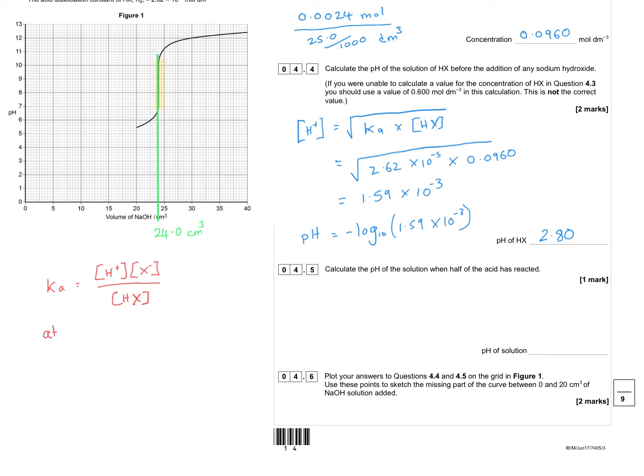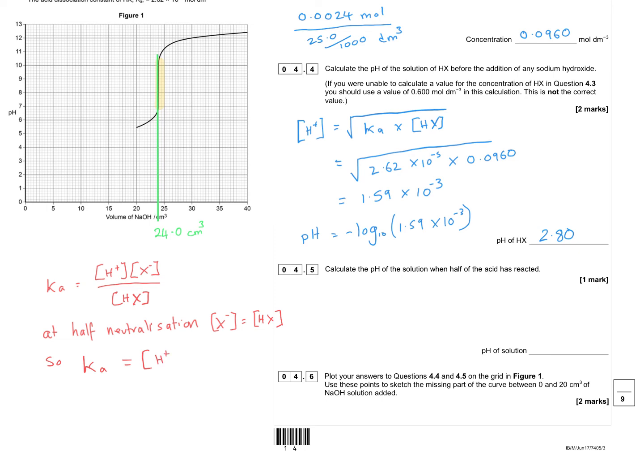Okay, it then asks you to calculate the pH of the solution when half of the acid has reacted. For this you need to remember, or you can work it out, that at half neutralisation something very special occurs because X- will be equal to HX. If you think about it, during the reaction HX turns into X-. At halfway through you're going to have an equal amount of X- and HX.